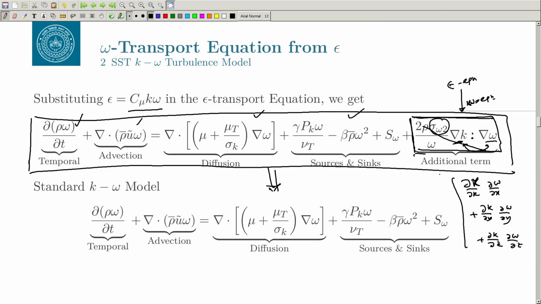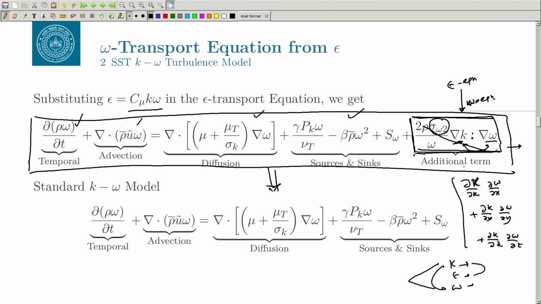So, instead of solving 3 different equations, which will be expensive, you can do it, maybe you can solve k, epsilon and omega, 3 equations, and then use k omega near the wall and k epsilon away from the wall, right. But instead of doing that, why not we use this k omega only equation, this omega equation, but use some kind of blending, so that this term goes to 0 very close to the wall and becomes 1 away from the wall, right.